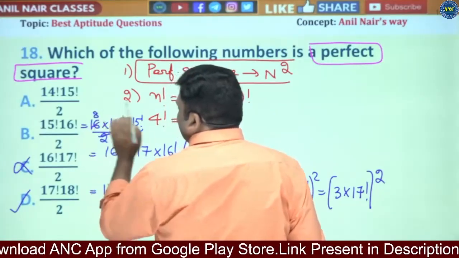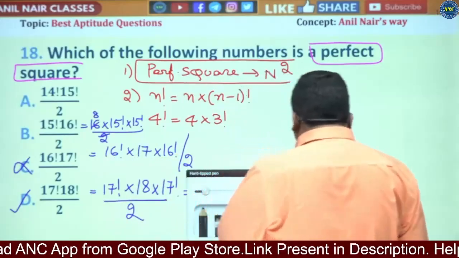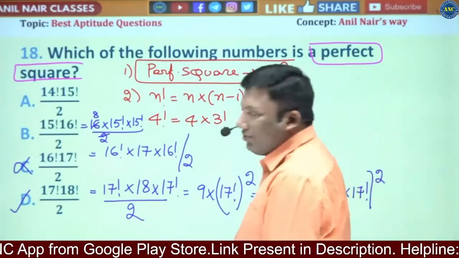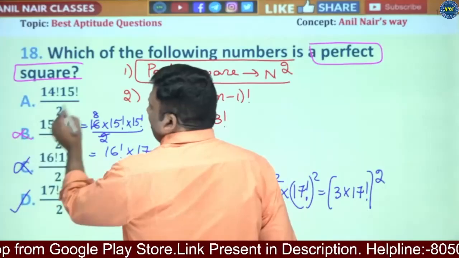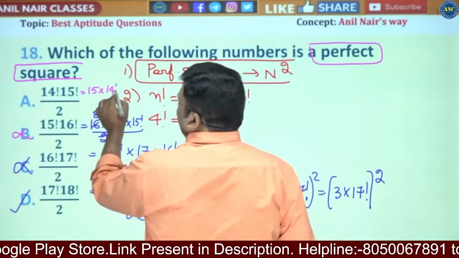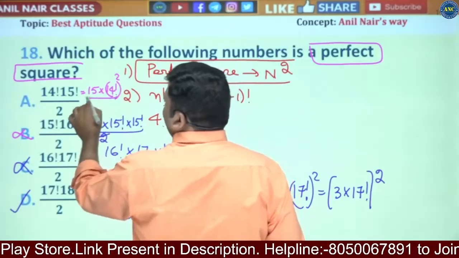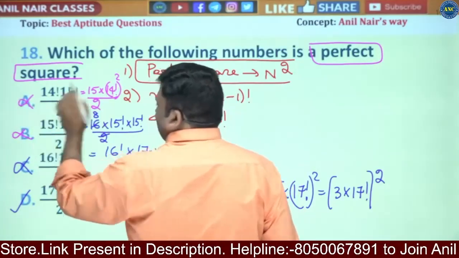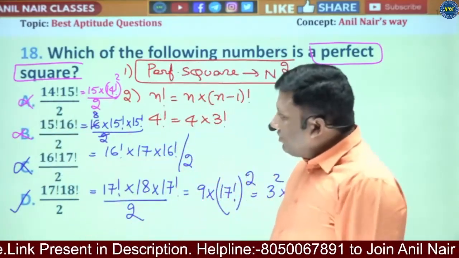A perfect square never ends with 2, 3, 7 or 8. This is not possible. This is 15 factorial into 14 factorial, where 15 is not divisible by 2.